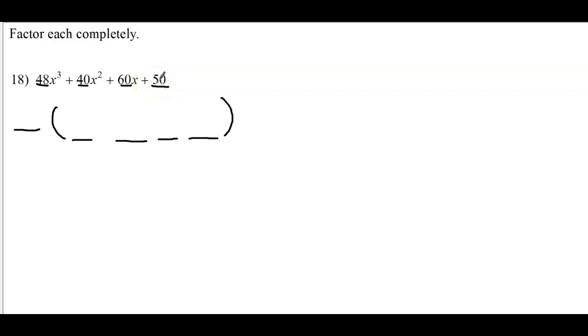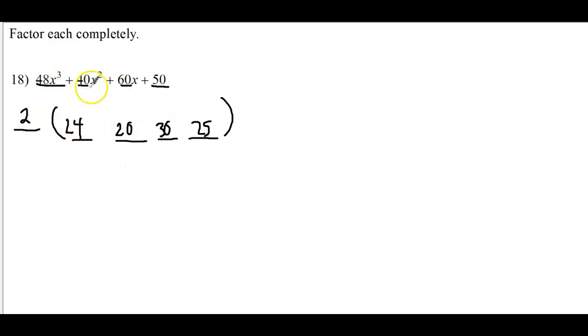I think maybe the biggest thing I can take out is a 2. Let's try that and see if there's anything. Yeah, I think that's all that's going to be left. So if you divide each of these by 2, you get 24, 20, 30, and 25. 25 can only be divided by 5, and 24 can't be. So that's the best we could do, is taking out a 2.